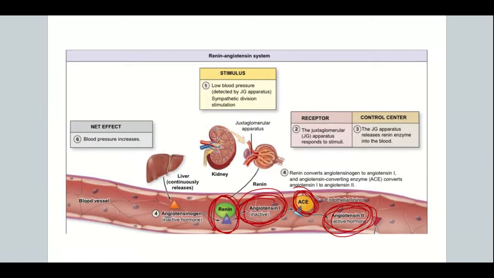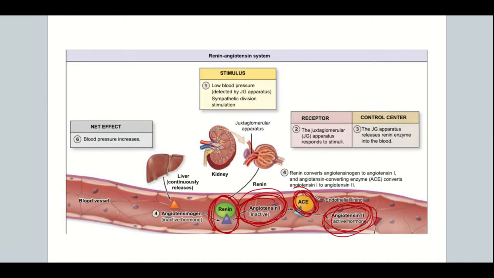Angiotensin 2 is going to cause vasoconstriction. It is going to decrease urine output. It's going to stimulate release of ADH and aldosterone. ADH is made in the hypothalamus and released by the posterior pituitary, and aldosterone comes from the adrenal glands.